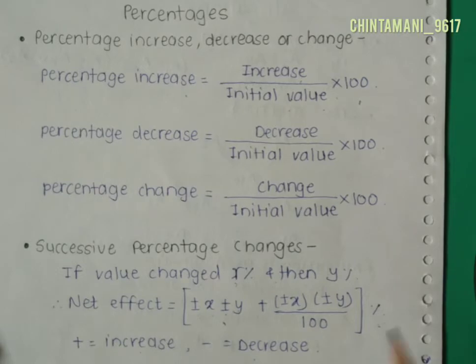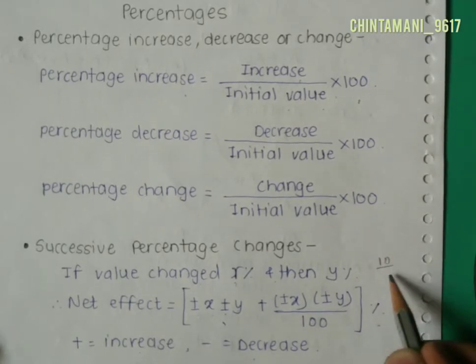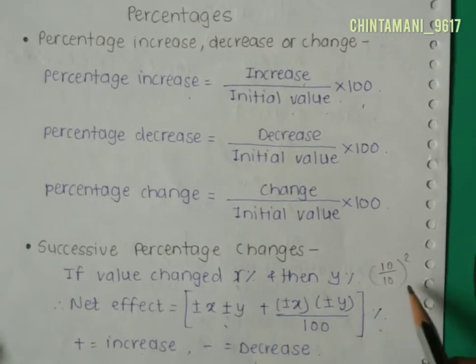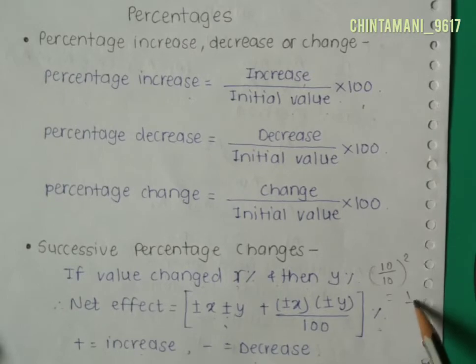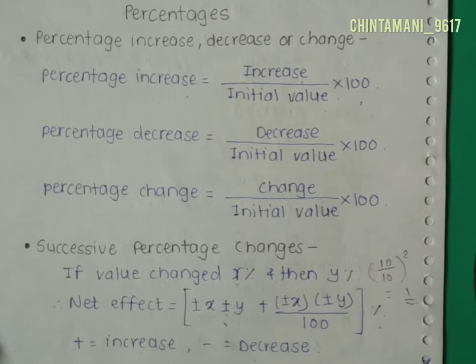How can we solve that problem? Just write 10 divided by 10 raised to square, and what will be our answer? 1. And this 1 will always be a loss. We will see that in the next problem.